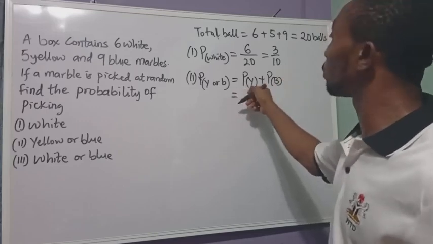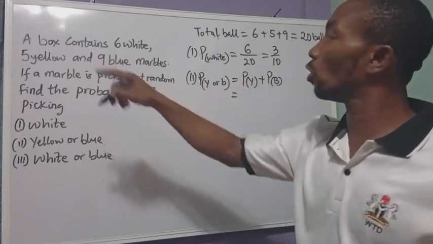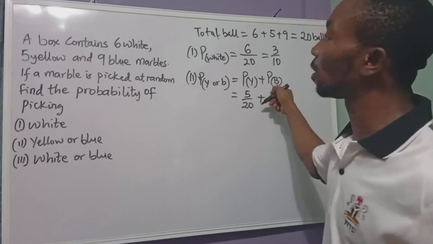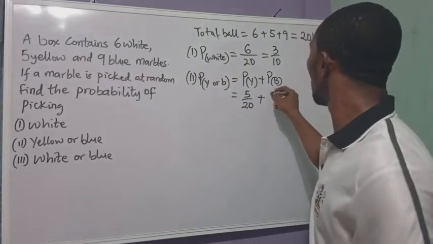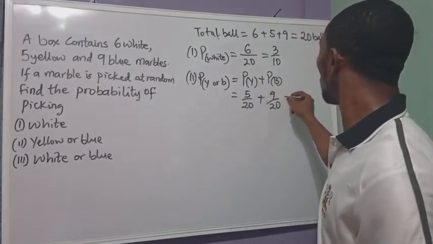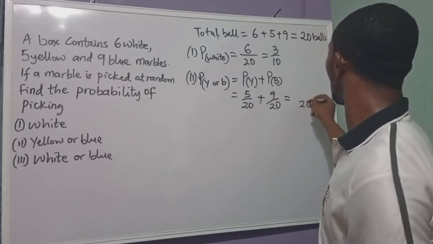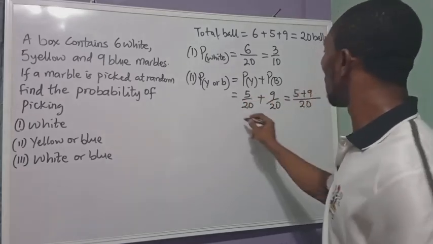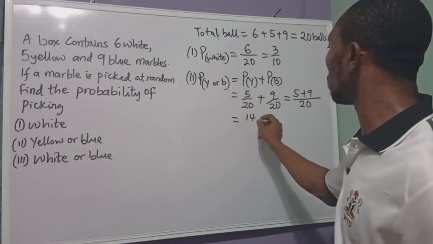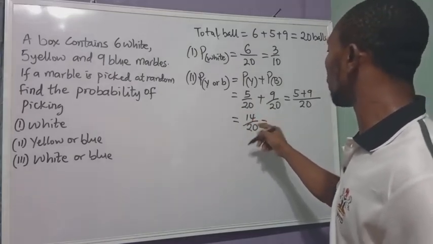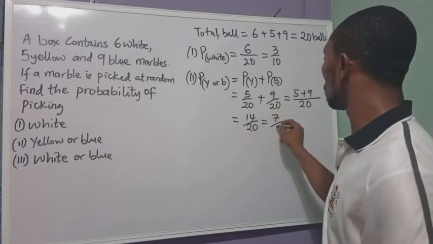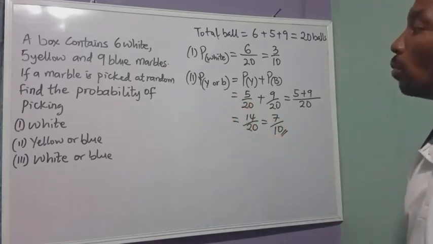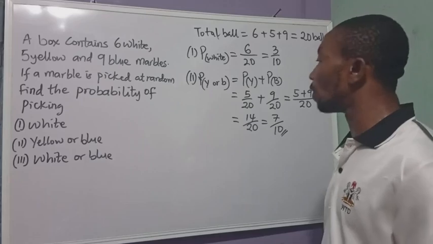The probability of picking a yellow ball is 5 over 20, plus the probability of picking a blue ball, 9 over 20. Taking the LCM, we have 5 plus 9 all over 20, and 5 plus 9 gives us 14 over 20, which reduces to 7 over 10. So the probability of picking a yellow or blue ball is 7 over 10.